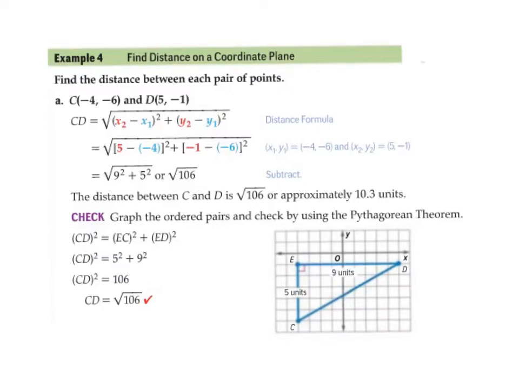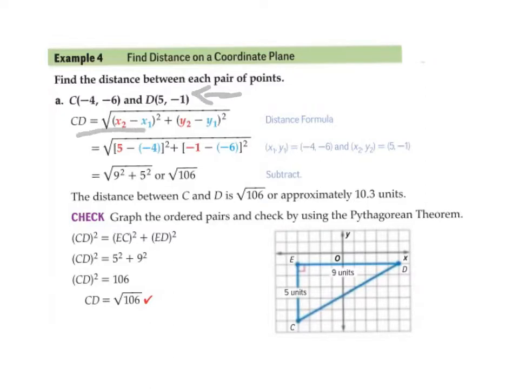Alright, so now we're looking at example 4. We've got 2 points, C (-4, -6) and D (5, -1), but obviously you can see that you've been given a graph here just to check it, but anyway, you can check it with Pythagoras. But before you get to graphing it, what do you know? Only these 2 points. That's the only thing you can be absolutely certain of.